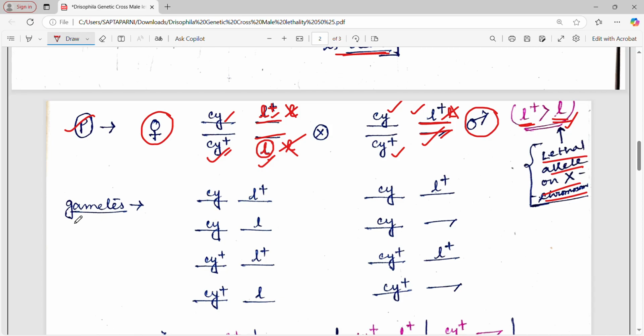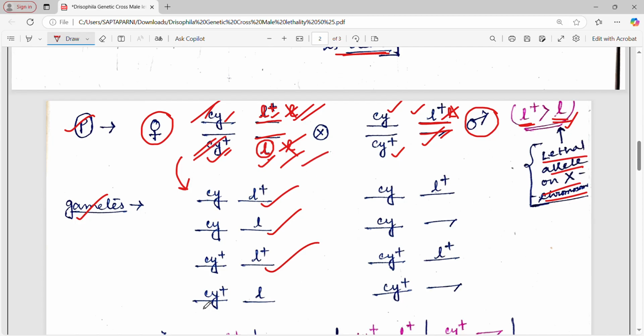See here what gametes can be formed from the female or mother. Obviously one will be CY with L plus. Another one will be CY with l. Then another one will be CY plus with L plus, and another one will be CY plus with l.